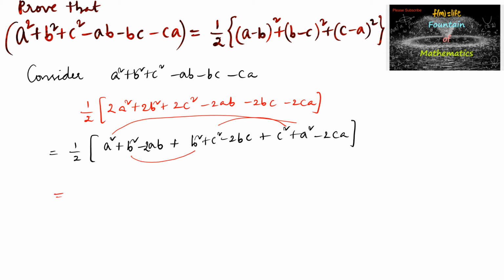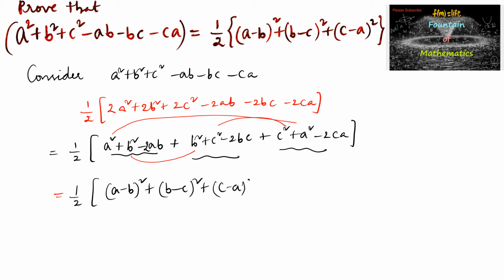So a² + a² is 2a², b² + b² is 2b², c² + c² is 2c², and −2ab − 2bc − 2ca. So this is (a−b)², here it is (b−c)², and here it is (c−a)². So we can say that a² + b² + c² − ab − bc − ca is half of (a−b)² + (b−c)² + (c−a)².